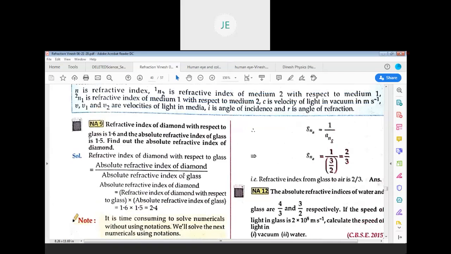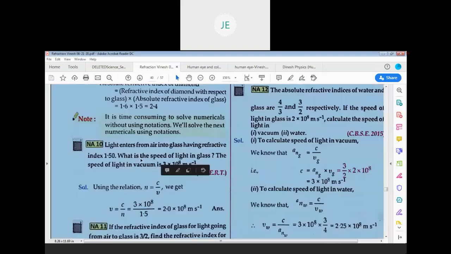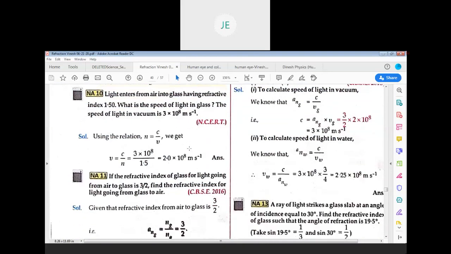Yes, sir. Yes, 2.4 is the answer. What is the answer, Kamna? 2 into 10 to power 8. Yes, very good.